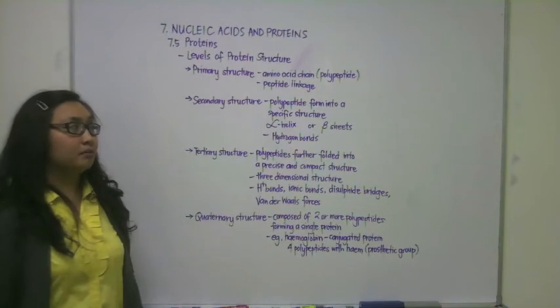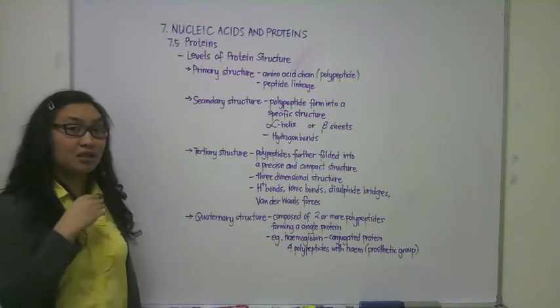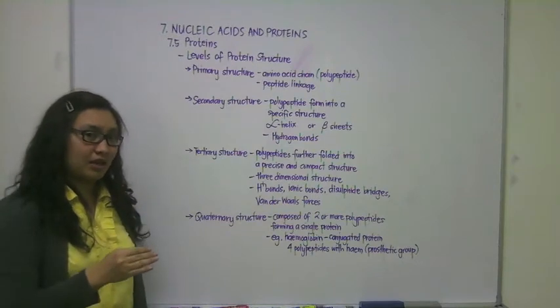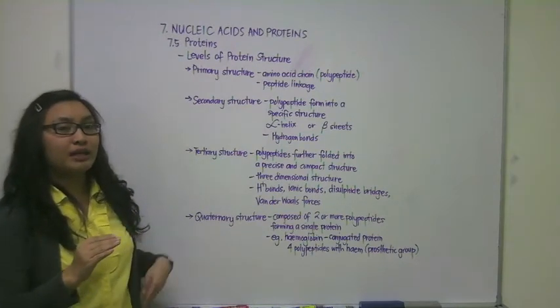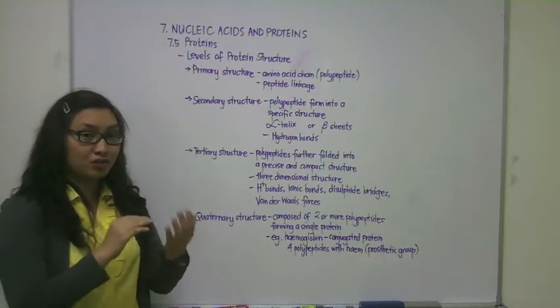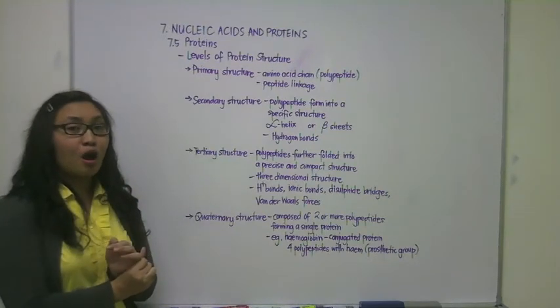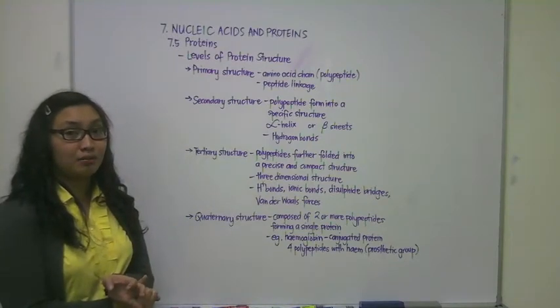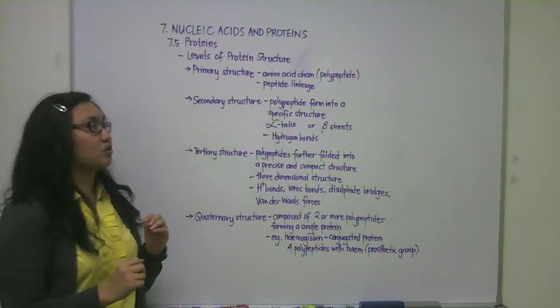Students should have an idea of what the levels are if we concentrate on the components of the protein structure and the linkages or bonds that can be formed within it.